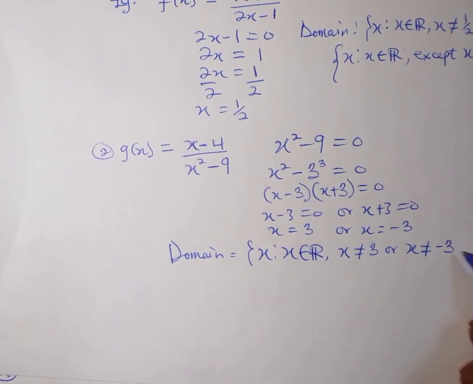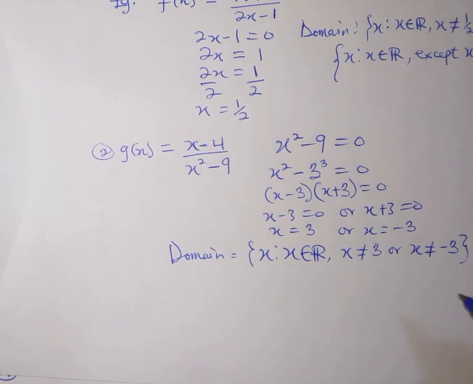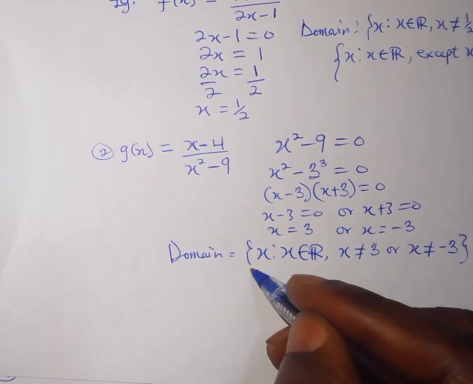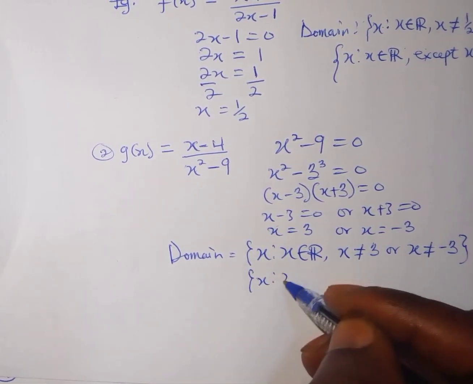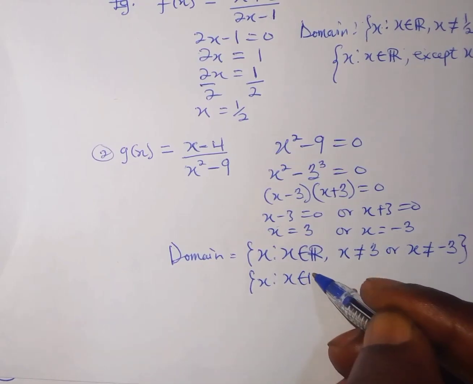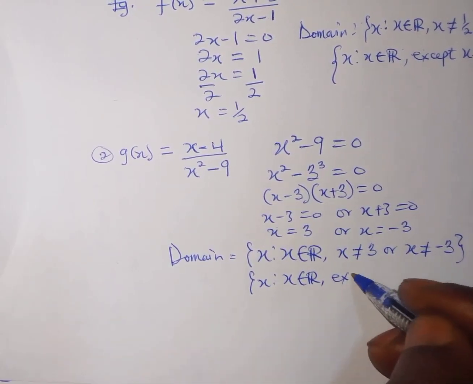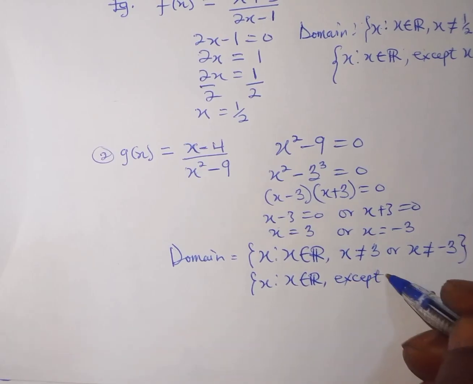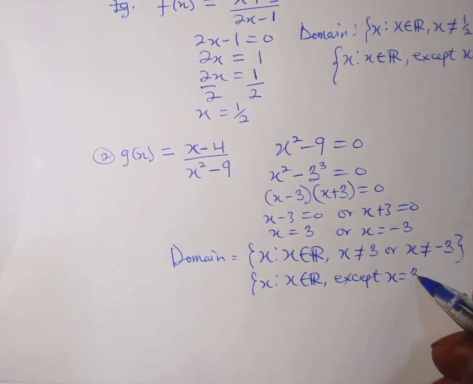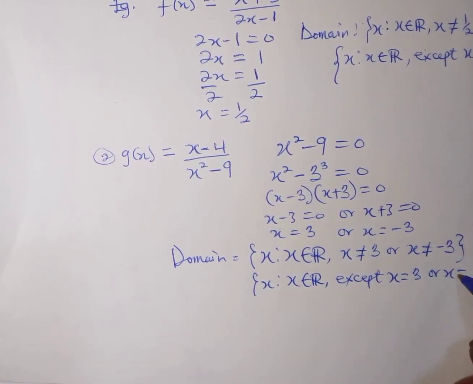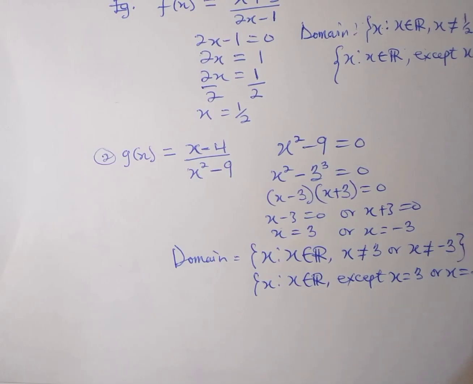Negative 3. Have you gotten that? Or x is such that x belongs to all set of real numbers except x is equal to 3 or x is equal to negative 3.